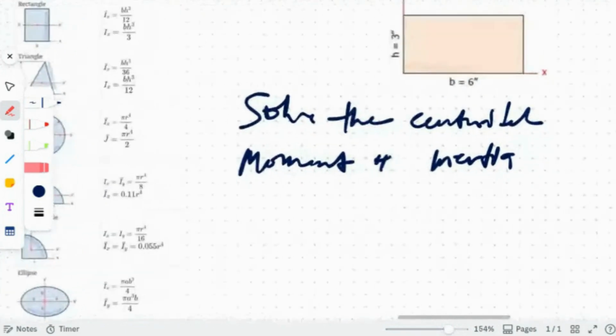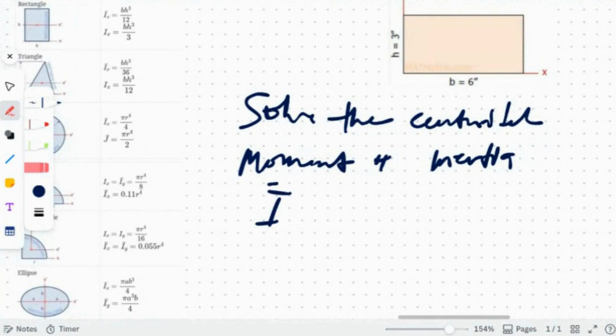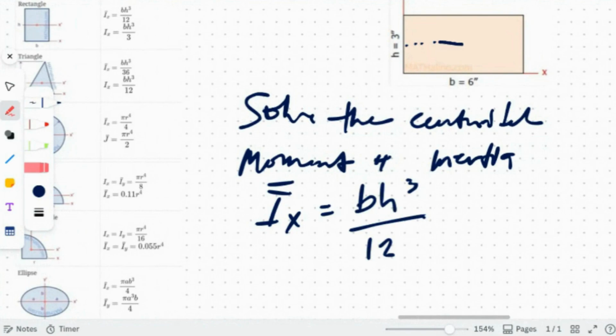We will use I bar x is equal to bh cubed over 12, about this axis. That's the centroidal axis.